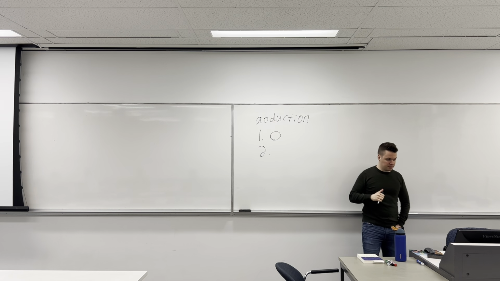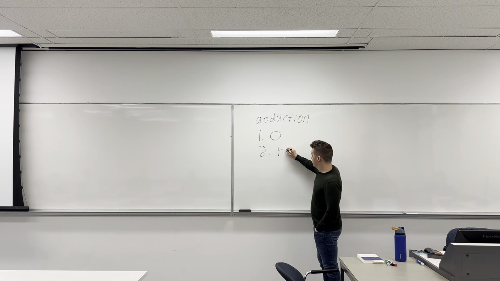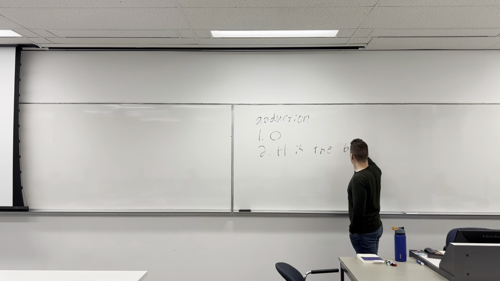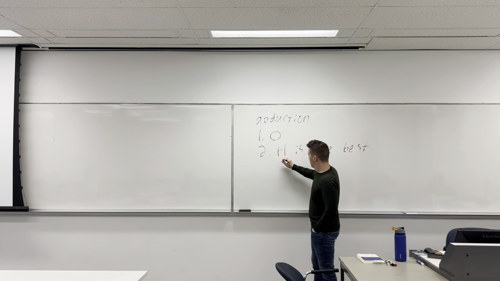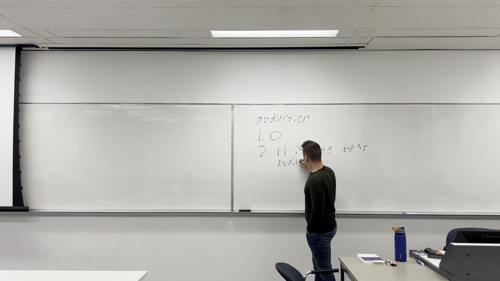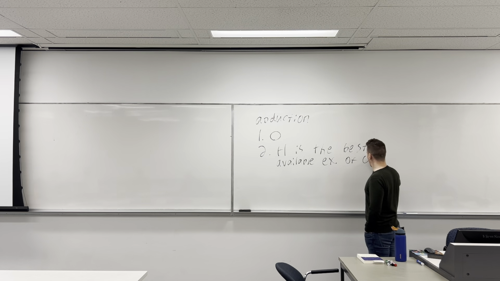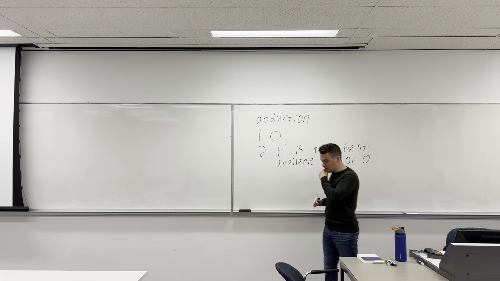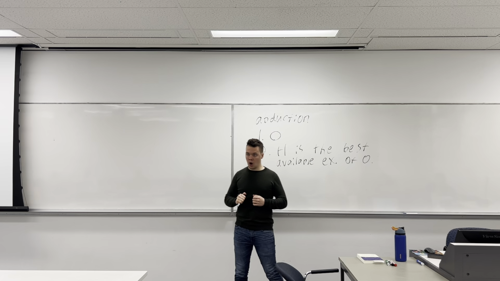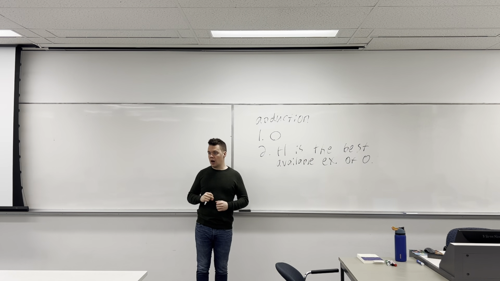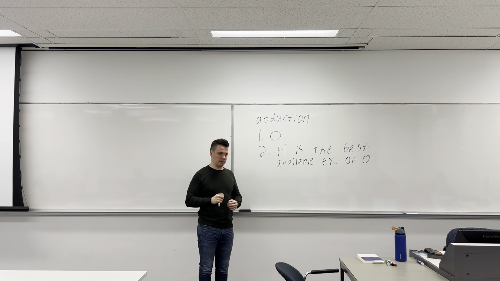Premise 2, H is the best available explanation of O. So you have a number of competing explanations of O, and H, if true, would be a good explanation of O. And it would be better than the other available explanations.